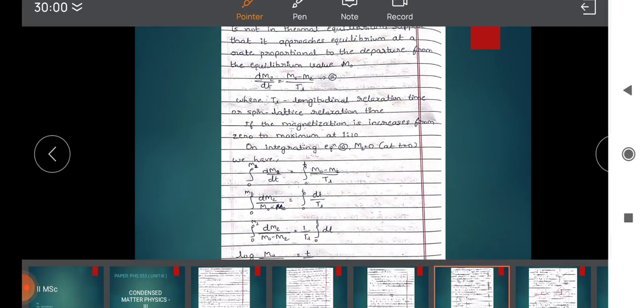Next, if the magnetization increases from 0 to the maximum value, then on integrating equation number 10, Mz is equal to 0 at t is equal to 0.